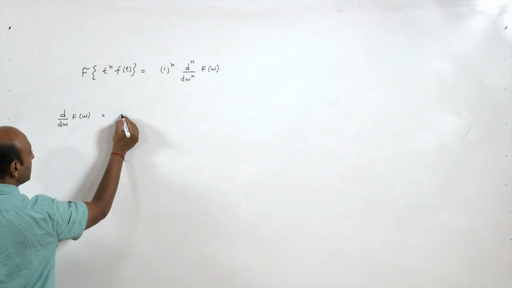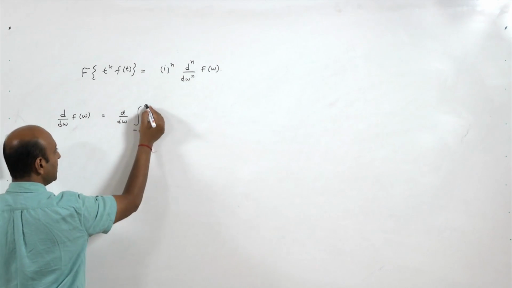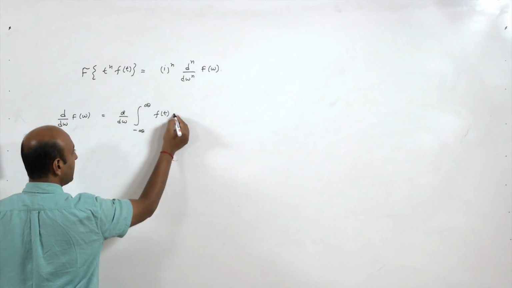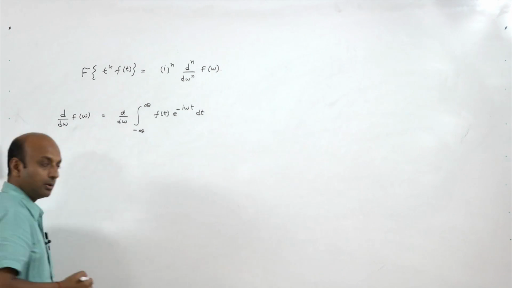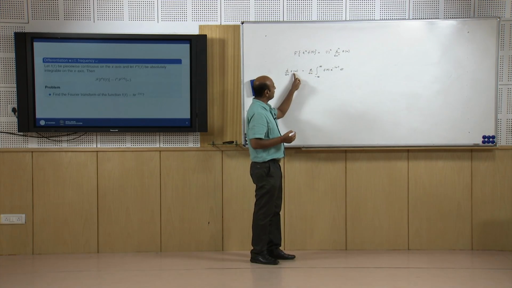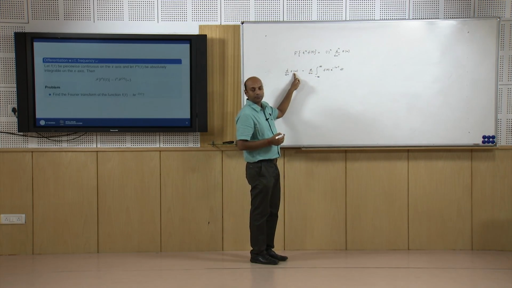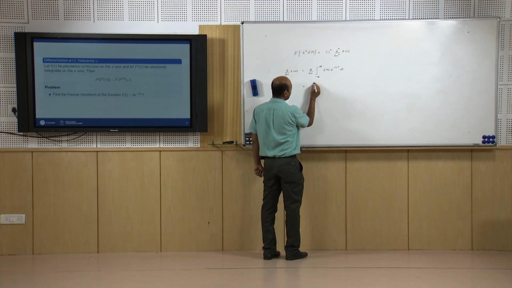So, it is nothing but d by d omega of integral from minus infinity to plus infinity f t e to the power minus iota omega t dt, because the Fourier transform of f t is given by this expression. So, this will be given by the Leibniz theorem.